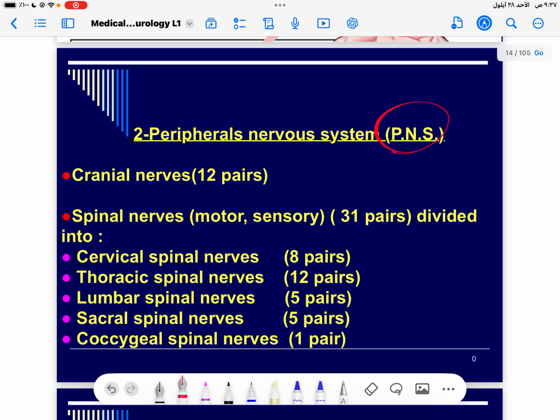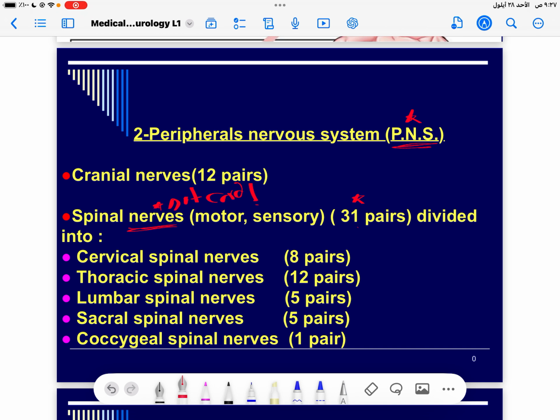What about the peripheral nervous system? We have the following. We have the cranial nerves, 12 pairs of cranial nerves, which are considered to be peripheral, and also spinal nerves, sensory and motor. And we have 31 pairs.